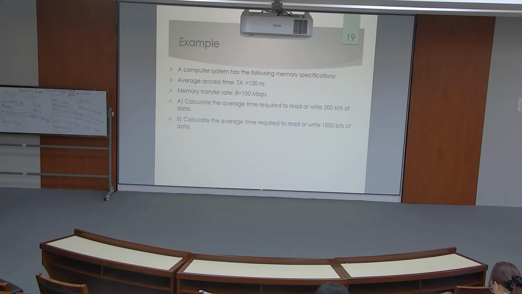So it's quite easy. We have the average access time, Ta, which is 120 nanoseconds. Then we have the total number of bits, N, which is 200 bits. And we have the memory transfer rate, R, which is 100 megabits per second. We needed to find the average time required to read the data, which is 200 bits.